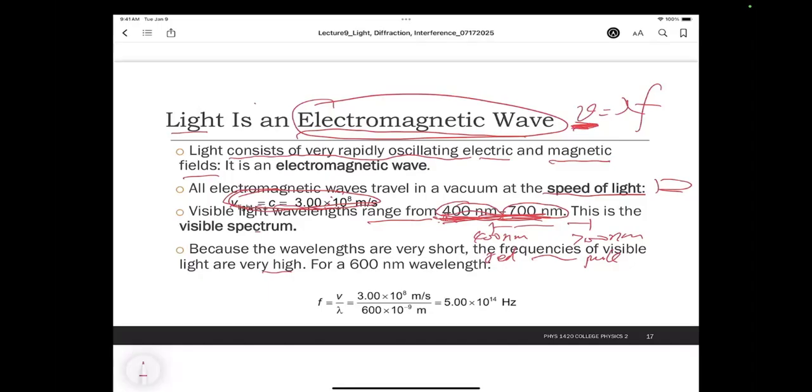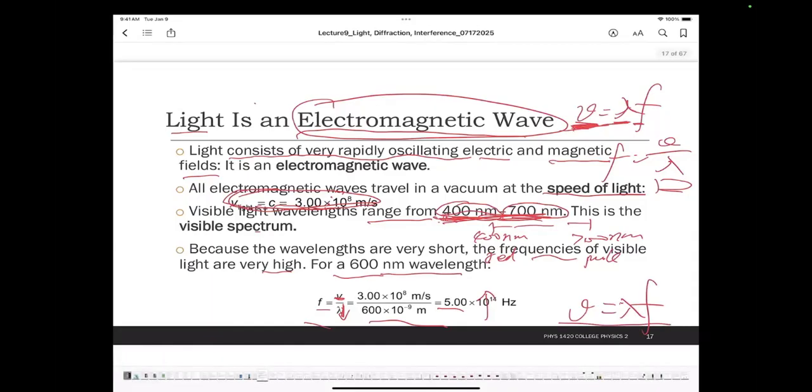If the wavelength is very small, and f equals v divided by lambda, then since v is fixed and lambda is very small, the frequency is very high. There is an example for 600 nanometers. Just try to remember this equation. It's very important, and you will use it very often.